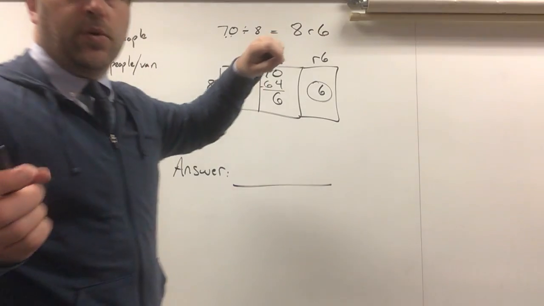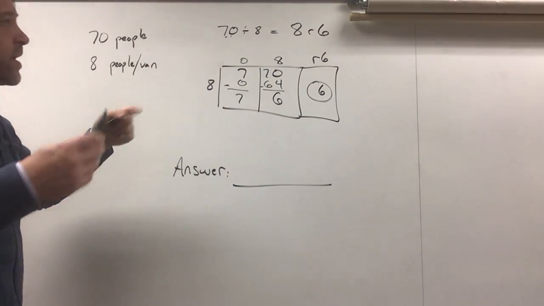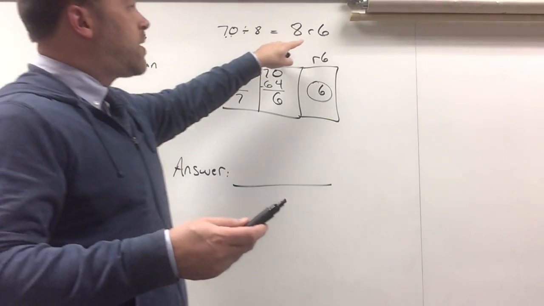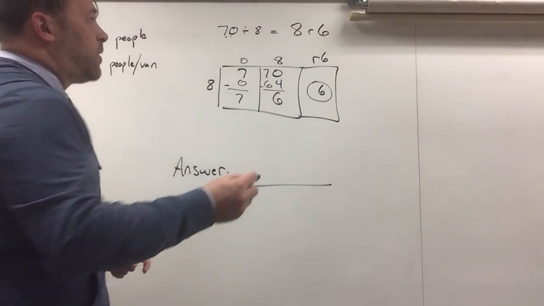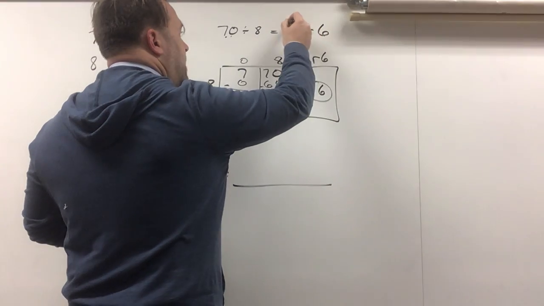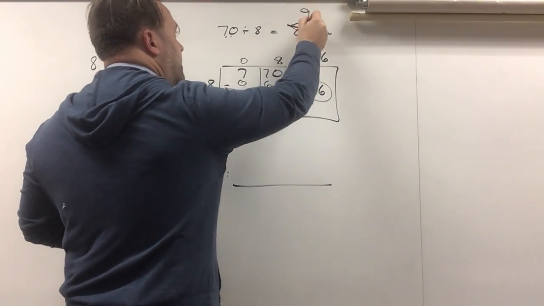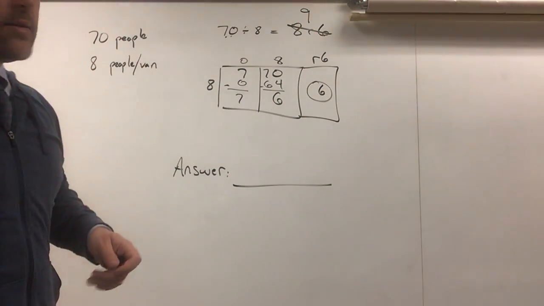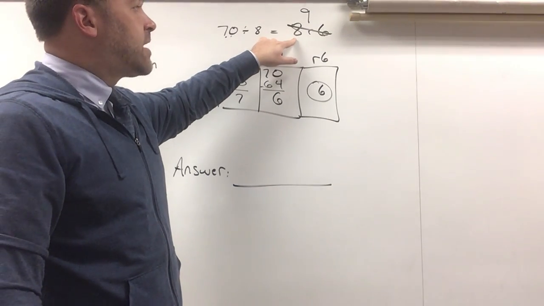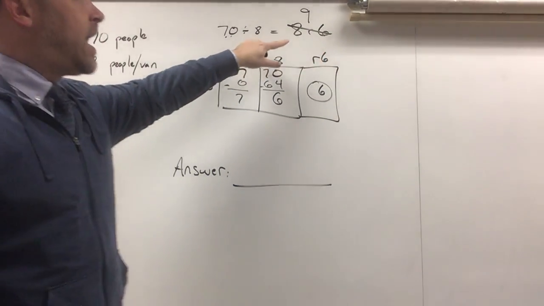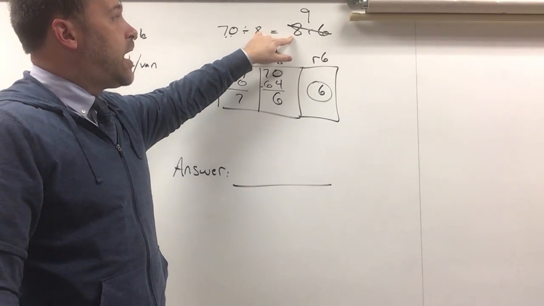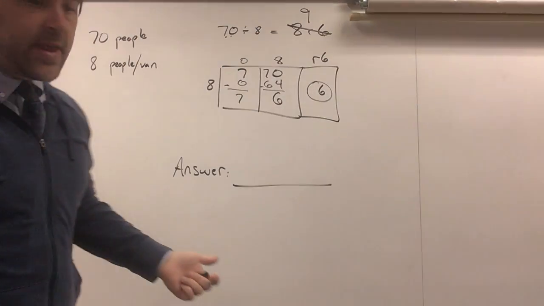So you have to interpret this, or kind of change your answer around to say, okay, well, don't these 6 kids also need a van? So I'm going to actually cross out my 8 remainder 6 and say it's actually a 9, because 8 vans is not going to be enough. These kids also need a van. So in other words, you're going to have 8 full vans and 1 van with 6 kids in it.